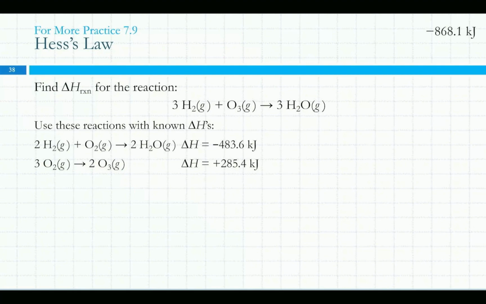Okay, this is the same type of problem. We're given reactions, and asked to find the delta H for a given reaction. How do we start? It's a lot of information.